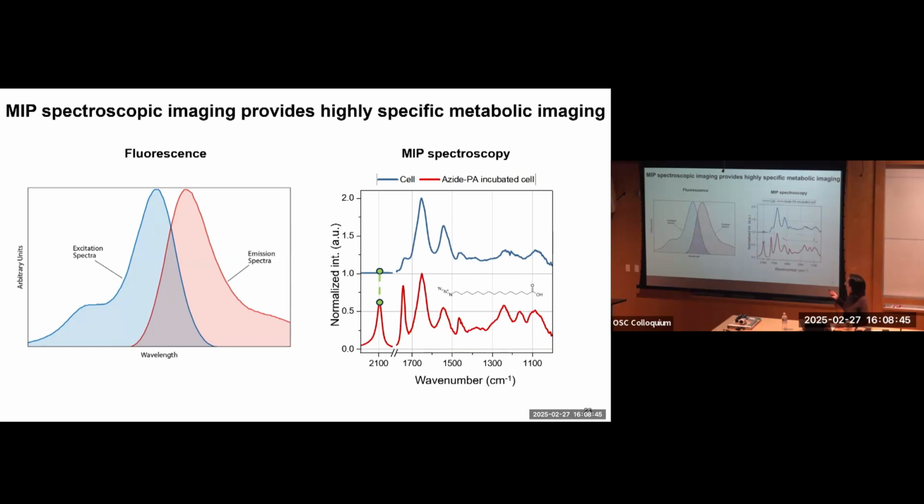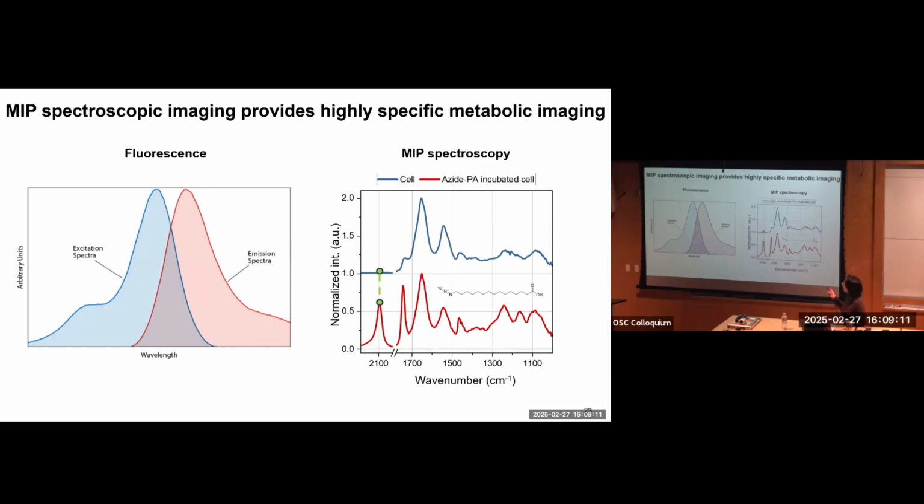Here is the triple bond, which we call the azide bond, on this molecule that is very important to life, fatty acids. You can see the label is much smaller compared to a fluorescence label. What is cool about this is that the peak of this bond lies in a window we call the cell-silent window. It's basically like generating a new wavelength for us to specifically target this molecule.